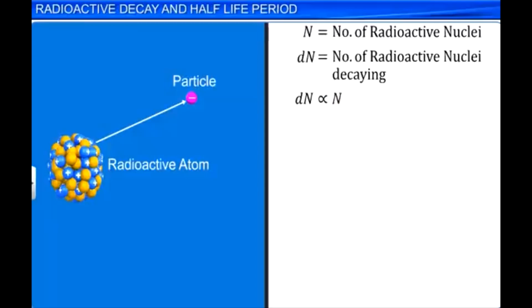The number of nuclei that will decay will also be proportional to the time interval dt. If we take a longer dt into consideration, then more nuclei will decay in this longer interval dt, since longer the interval, greater the chance of decaying.